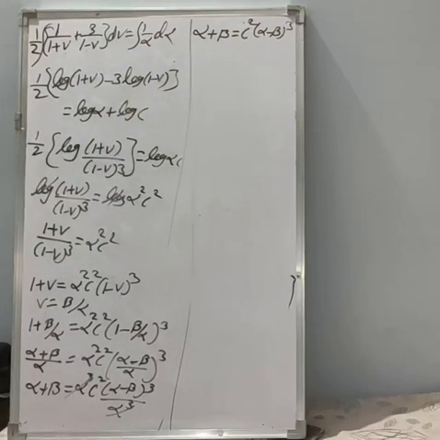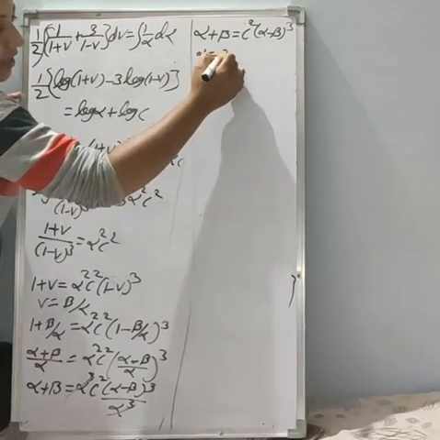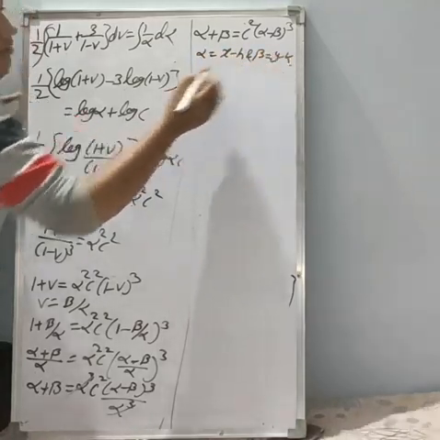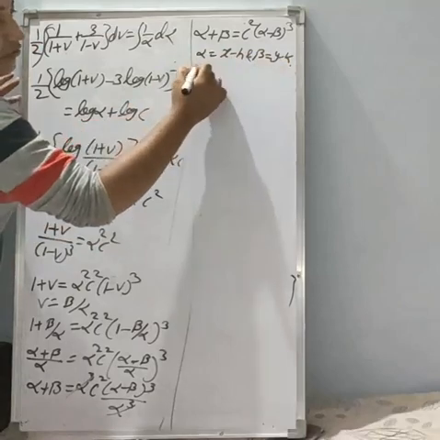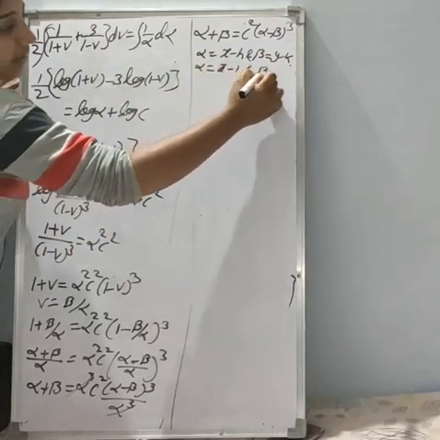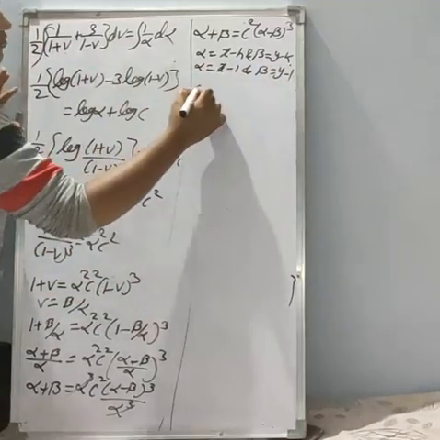Okay, now finally substitute the values of alpha and beta here. We want the solution in terms of x and y. So alpha value is x minus h, beta value is y minus k. But we have h and k values, that is 1 and 1. So we will get alpha is x minus 1 and beta is y minus 1. Substitute those values.